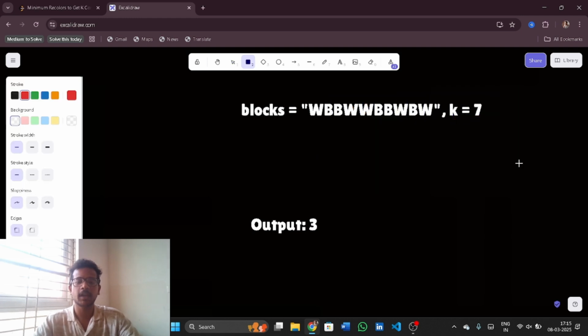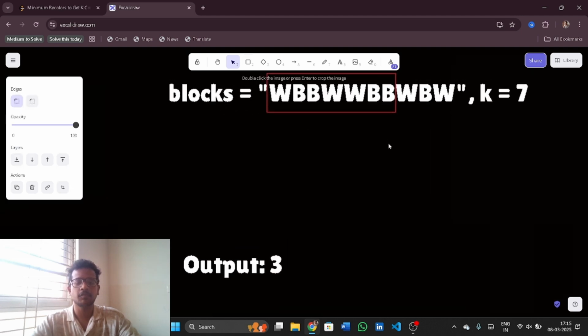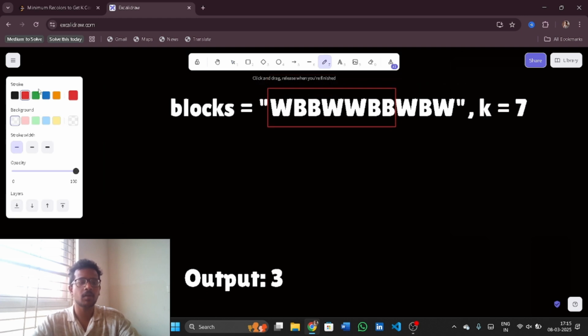Now let me take only 7 into consideration: 3, 4, 5, 6 and then 7. Let me initialize the minimum operations to infinity, and the current operations are represented by the number of whites.